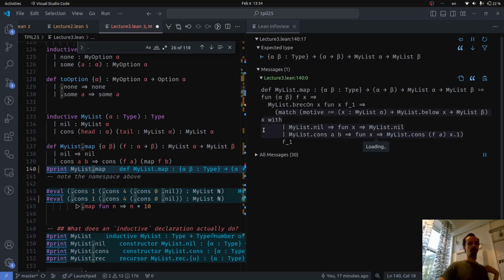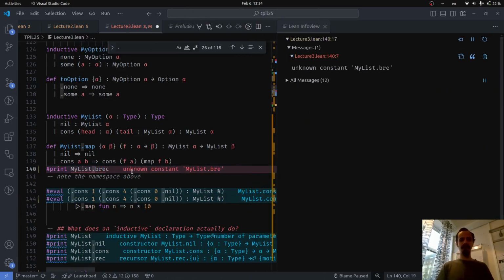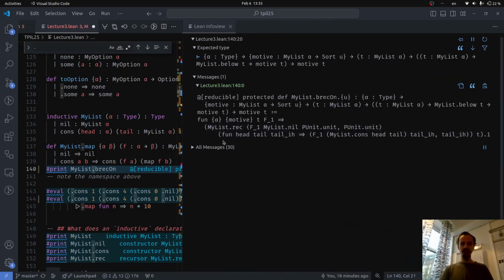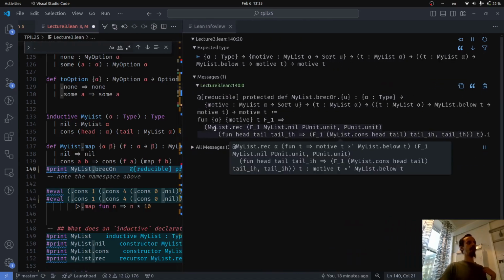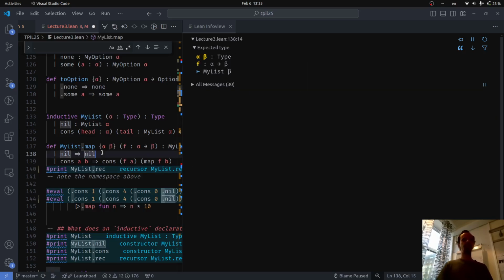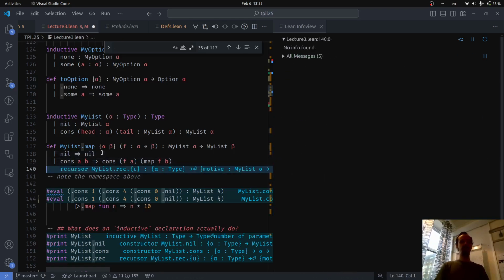It's actually not using mylist.rec in here, it's using mylist.brec on, and this is part of how the compilation strategy works, but if I just keep unfolding these definitions, we'll eventually see it bottom out on calls to mylist.rec. And if I look at mylist.rec, there's no definition. This is actually the primitive. So at least from the point of view of the kernel, this is the primitive mylist.rec.